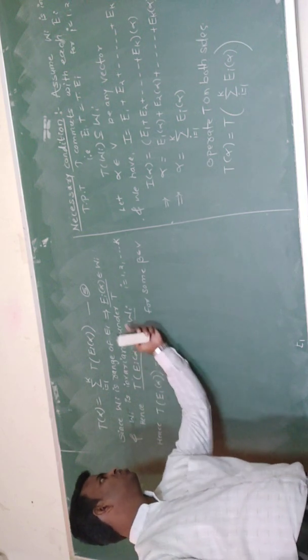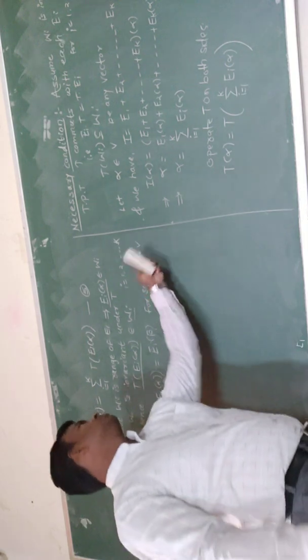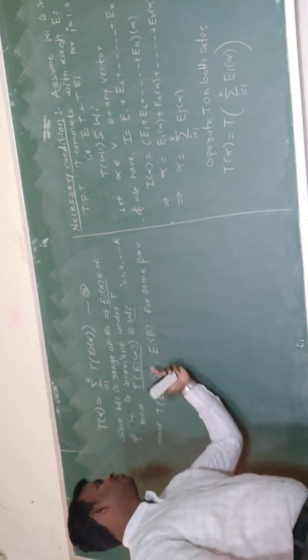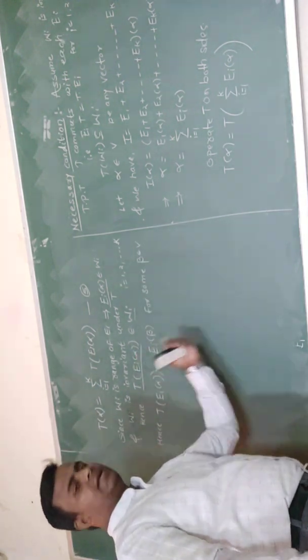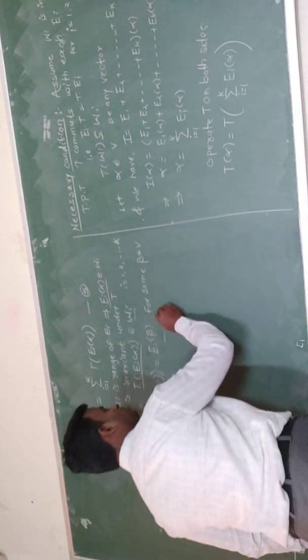Because E_i is the range of W_i. So there exists a beta belonging to V such that T of E_i of alpha equals E_i of beta. Okay, got it? Now, give it as equation number 6.